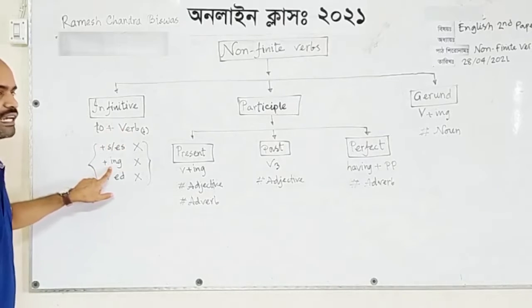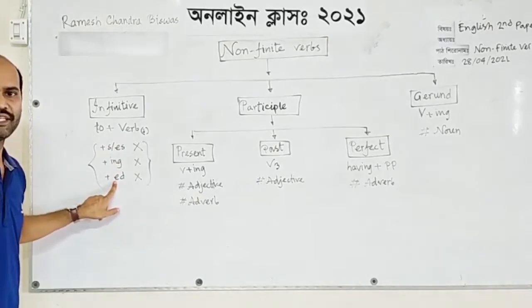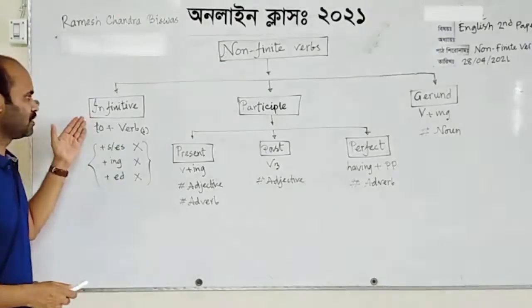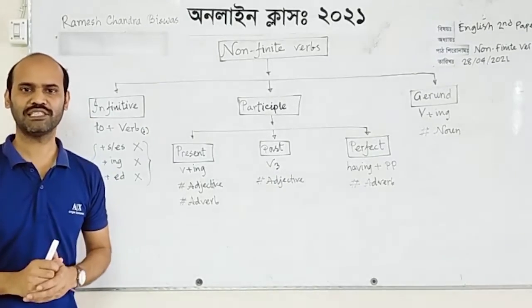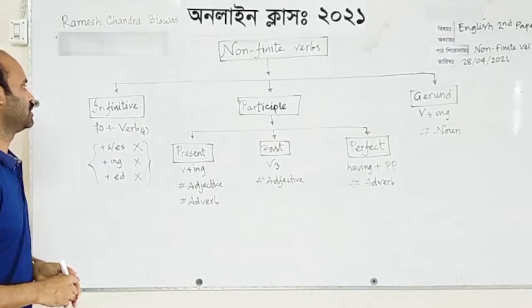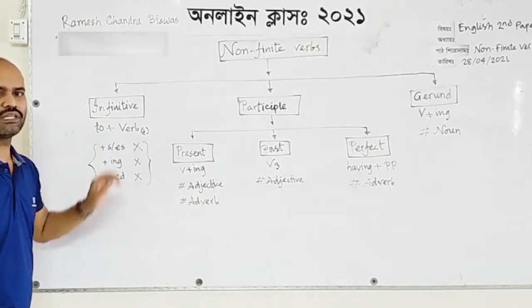We cannot add an ing with this verb, or an ed, or make it a past form. So infinitive doesn't have any other form but the base form of the verb. So an infinitive is formed with a to and the verb in the base form.